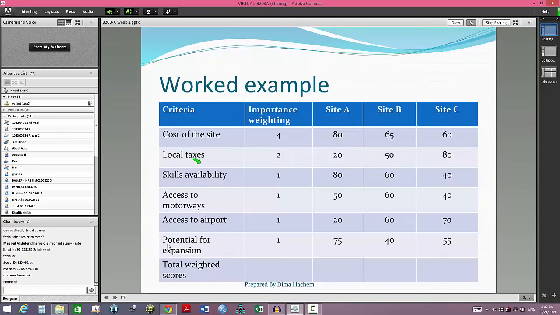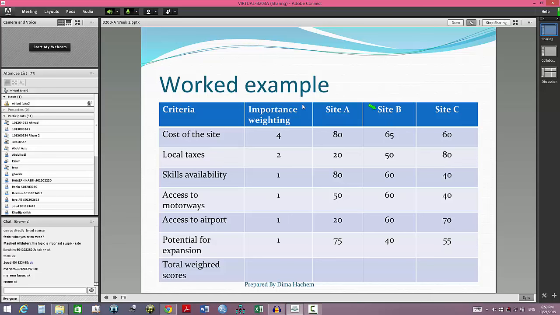And we have, in this chapter, the last point in this chapter, which is the weighted score method in deciding your location. Okay, here we want to decide the location of our operation.